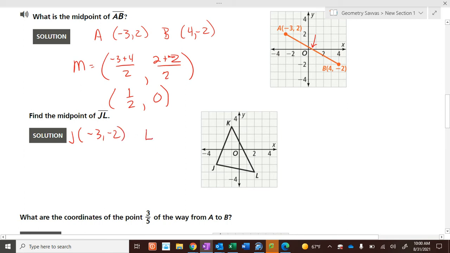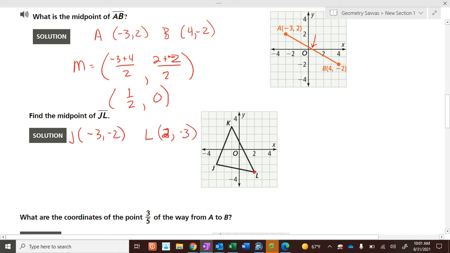And L. Where is L at, Haley Taylor? What's this ordered pair going to be? 2 and -3. 2 and -3.